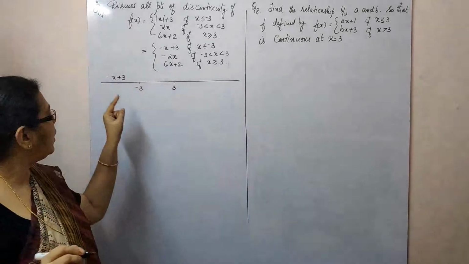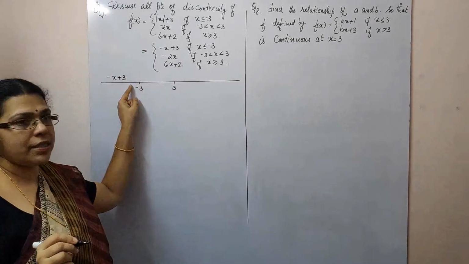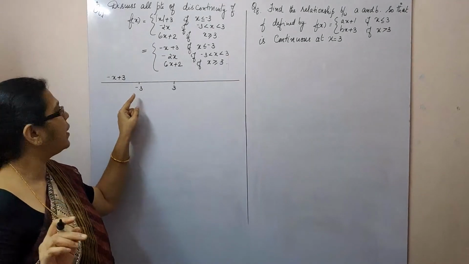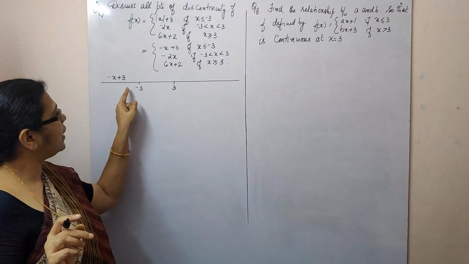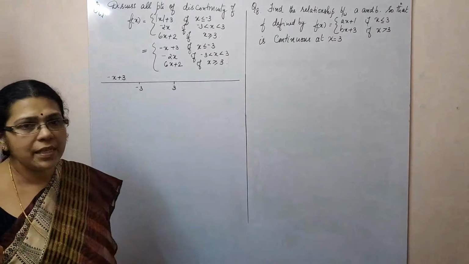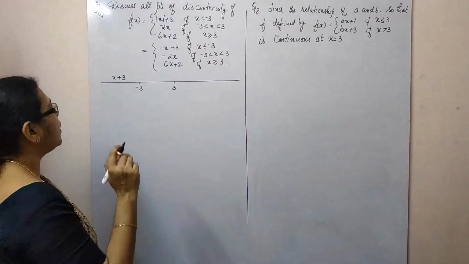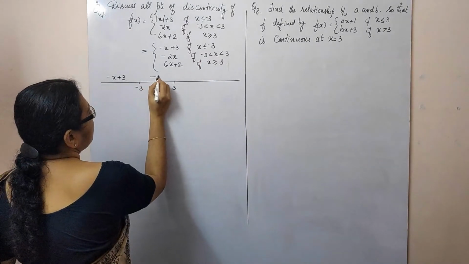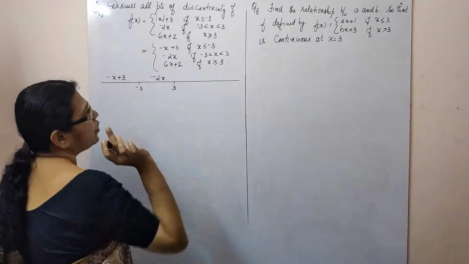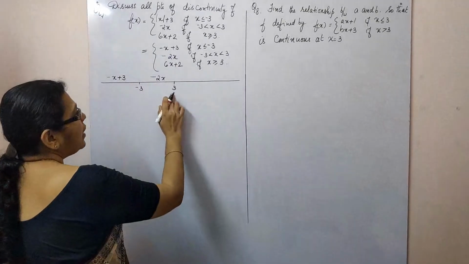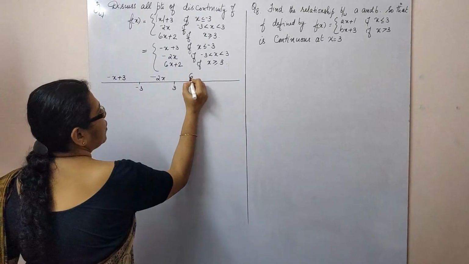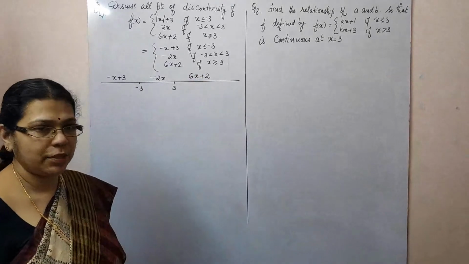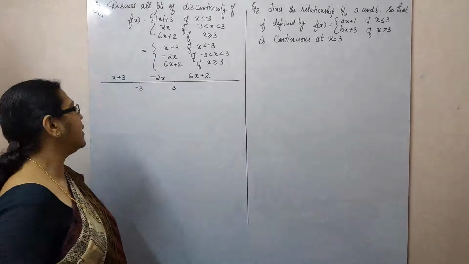For any value that lies on this number line up till negative 3, the function value is minus x plus 3. In between minus 3 and 3, the function value is minus of 2x. And for all values of x greater than 3, the function is 6x plus 2. Now let's see it in detail.